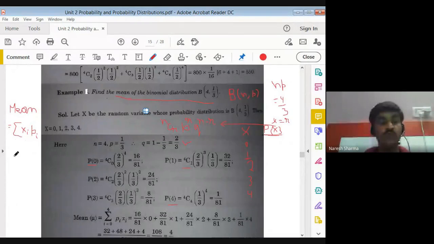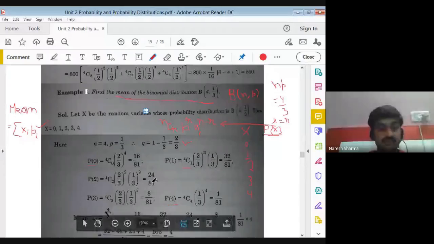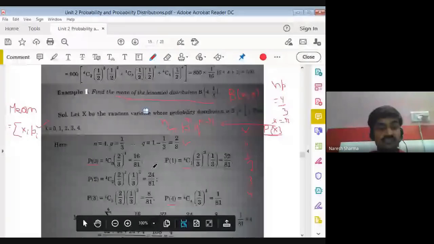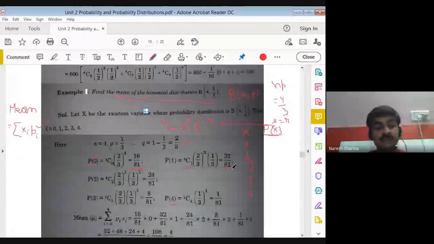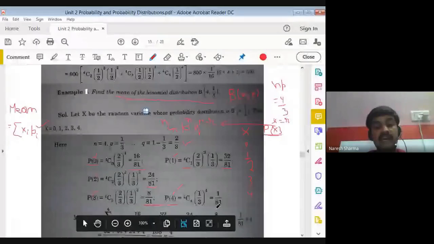So the total probability is always 1. So the formula for calculating the mean is summation xi into pi, with i running from 0 to n. We just multiply each probability with its value, 0, 1, 2, similarly 3 and 4, and add all these.